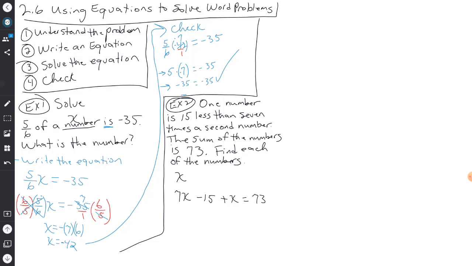So the second number, again, one number is 15 less than 7 times the second number. And the sum of the numbers is 73.